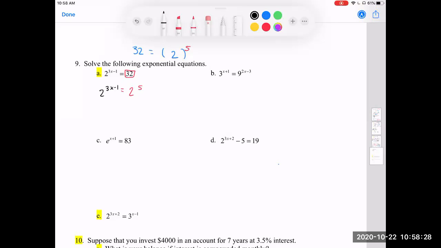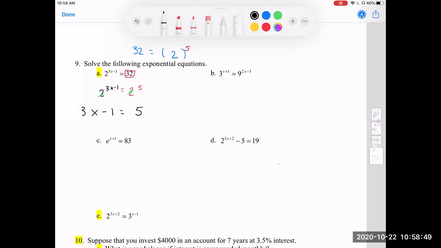So now our problem reads 2 raised to the 3x minus 1 equals 2 raised to the 5th power. And that's cool. That's very helpful. Now that I have the same bases, I can kind of get rid of them and work with my exponents only. So that I have 3x minus 1 equals 5.